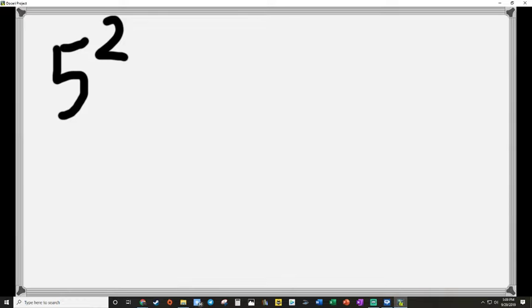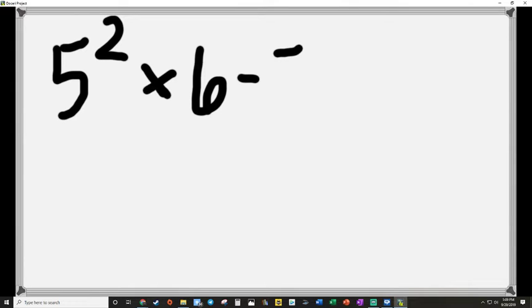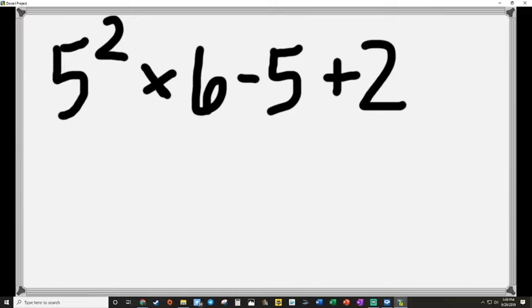PEMDAS tells us once the parentheses are done, we work on the exponents or roots. In this particular problem, we have 5 squared. Anytime you have an exponent, you just multiply that number times itself that many times.